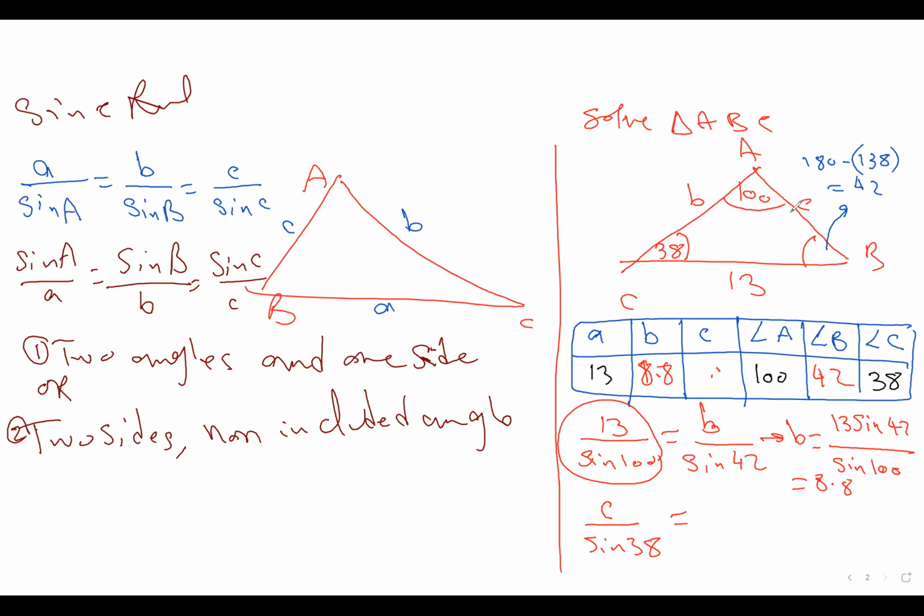C over sine 38 equals A, which is 13 over sine 100 again. So C equals, can you find C? 13 sine 38 over sine 100. Can you calculate it, please? C equals what?